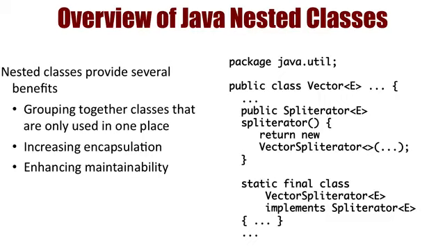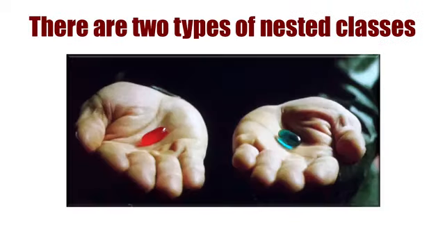For example, the Iter nested class is used by the iterator factory method defined directly above it, and the VectorSpliterator class is used by the spliterator factory defined directly above it. There are two types of nested classes.